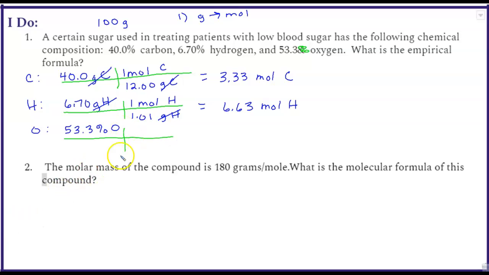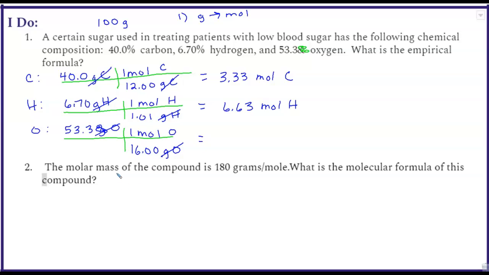So again, we're going, oops, that should have been grams. Didn't change it. So let's see. I left my periodic table at school, so hopefully I get this right. Oxygen is 16, I believe is what your table reads. So the grams of oxygen are going to cancel, and again, we're going to divide that out.